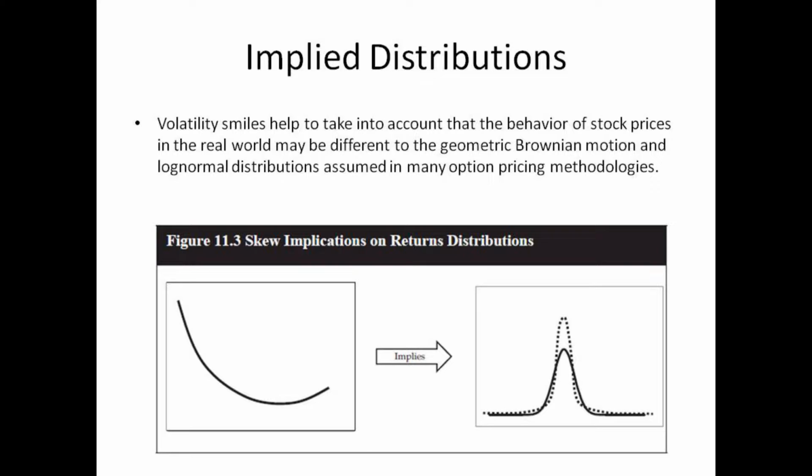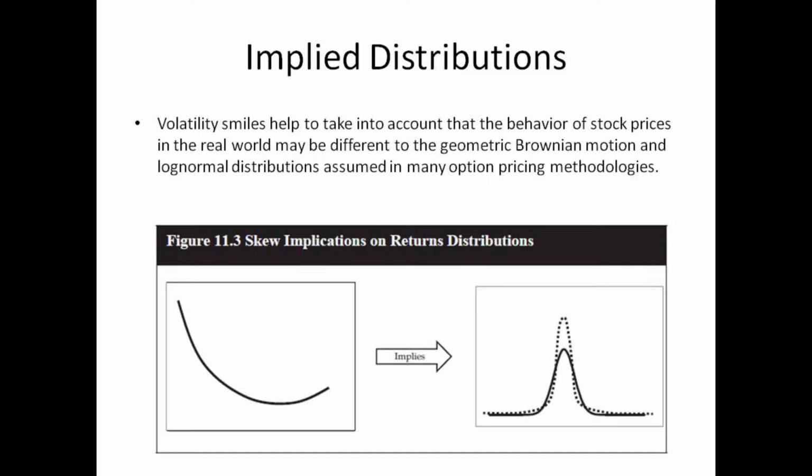So to a certain extent, the smile and the skew that exists in option markets relates to traders adjusting for the real world distribution and the fact that extreme moves happen in markets more frequently than a normal distribution would imply.